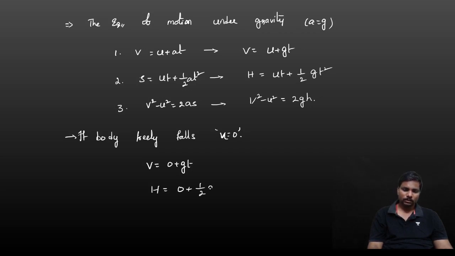Then v square minus 0 is equal to 2gh, that means v square is equal to 2gh. In some numericals, these formulas may be used. Note down these formulas also.